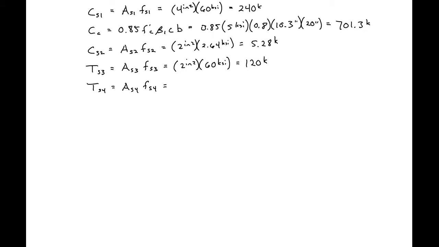And finally, our fourth layer, we have 4 square inches of yielded steel in tension to give us 240 kips. So we have our 4 force components. When we want to find our axial load, Pn, we just sum all of our components. And we're going to do our compression force is positive.